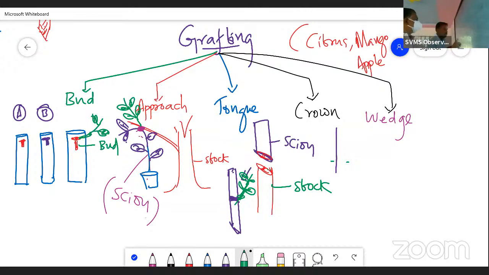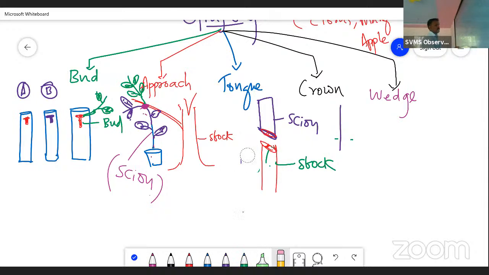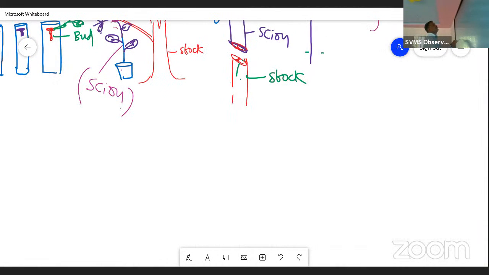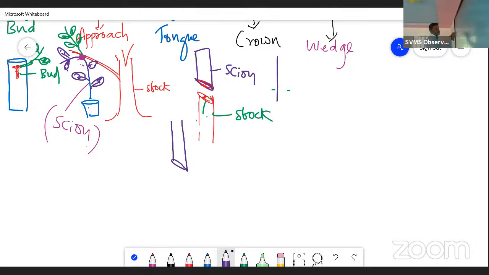In tongue grafting, after joining a stalk and scion, the stalk and scion are obliquely placed and joined together.